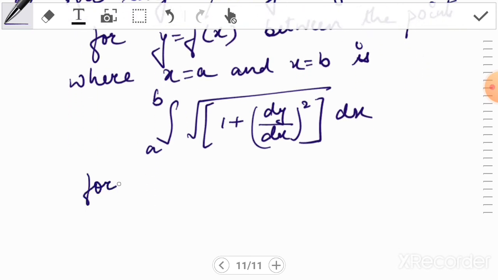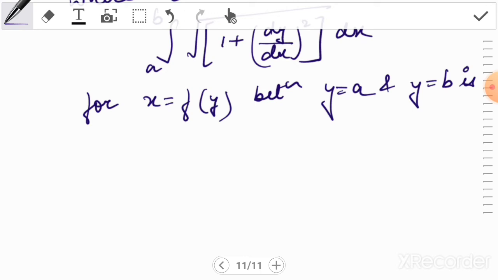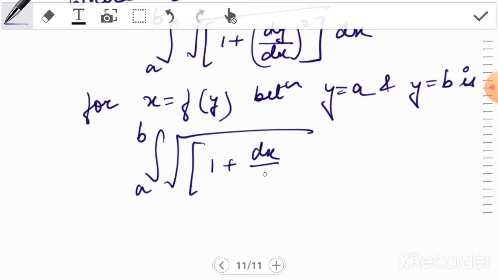For x = f(y) between y = a and y = b, it is integral a to b root under 1 plus (dx/dy) whole square dy.